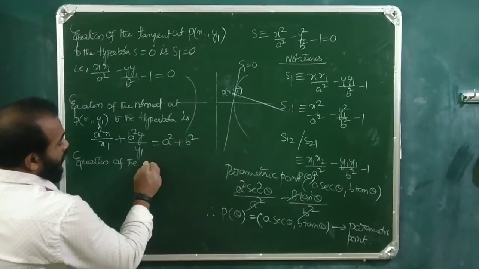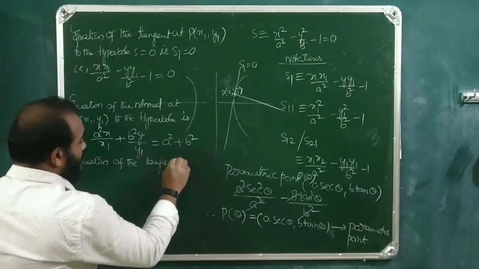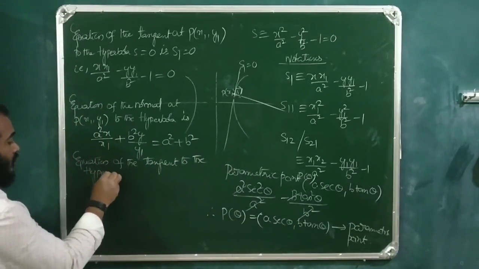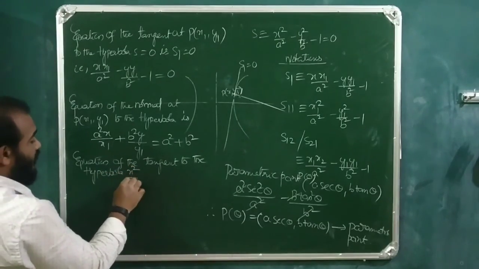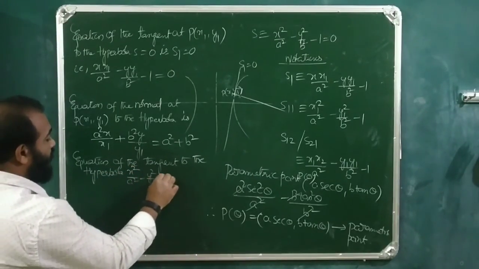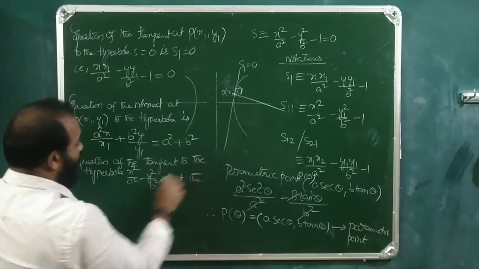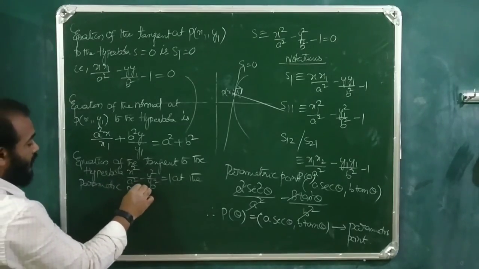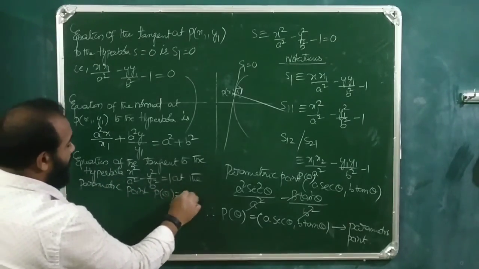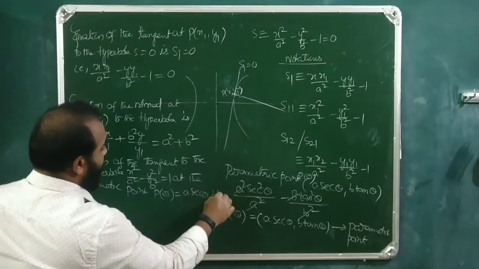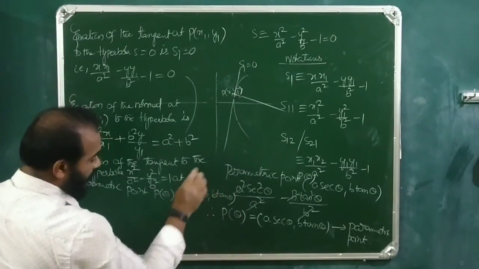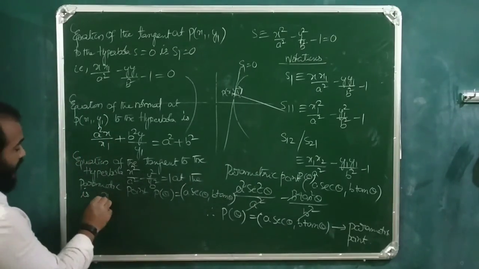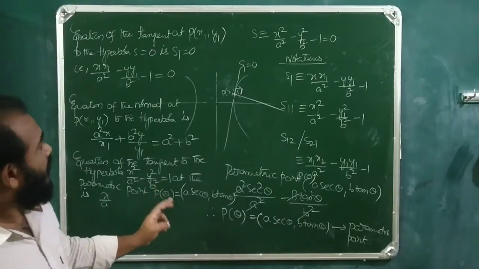The equation of the tangent to the hyperbola x square by a square minus y square by b square equals 1 at the parametric point P(theta), which is a secant theta, b tan theta, is S1 equals 0.